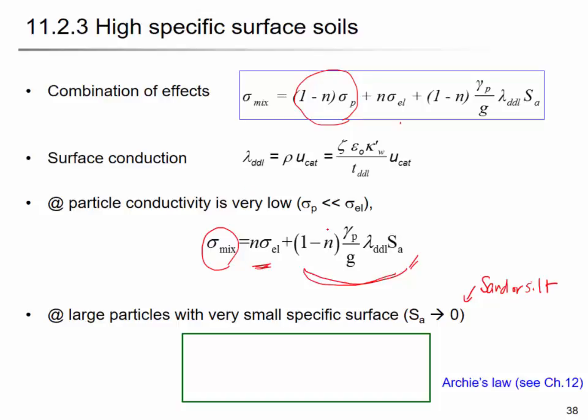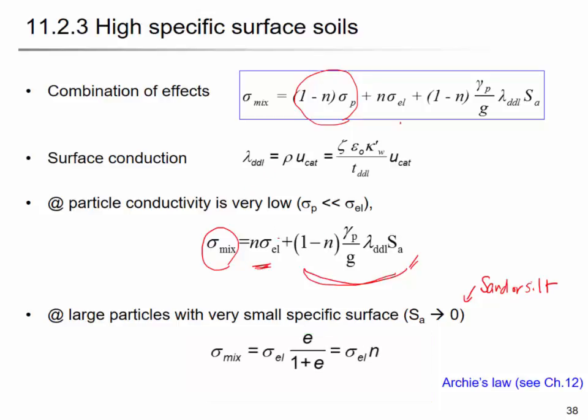So this goes to 0, so that the mixture's conductivity is just a function of the porosity times the electrolyte conductivity. Actually, this is the same as Archie's law, and we're going to learn about that soon. Archie's law is very effective for sandstone and non-conductive soil, very coarse soil.